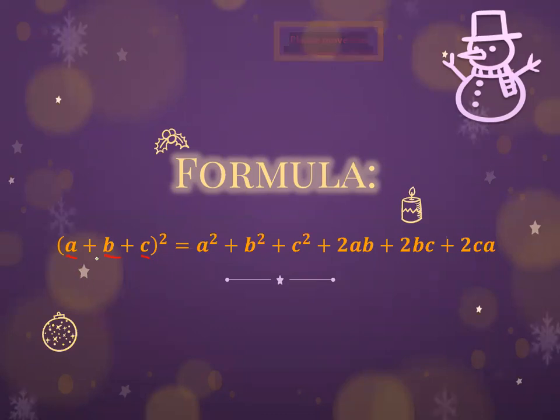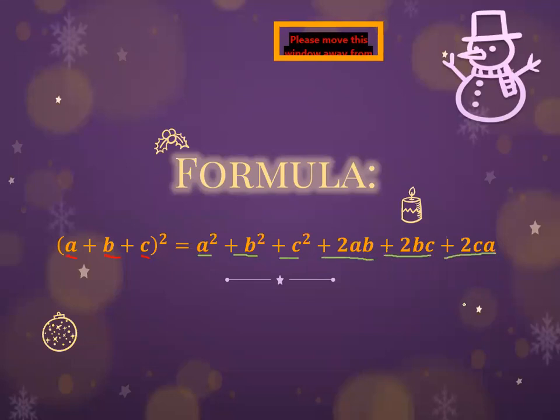Okay, (a plus b plus c) whole square will be equal to a square plus b square plus c square plus 2ab plus 2bc plus 2ca. So this is the formula.